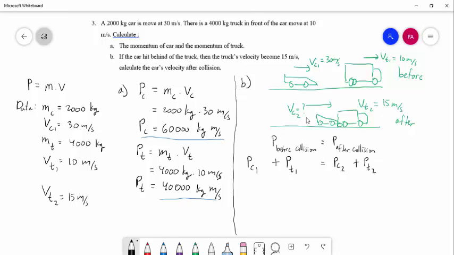Next, this one is the mass of the car times the velocity of the car before collision, plus the mass of the truck times the velocity of the truck before collision. Equals the mass of the car times the velocity of the car after collision, plus the mass of the truck times the velocity of the truck after collision. So we just need to put in the data.